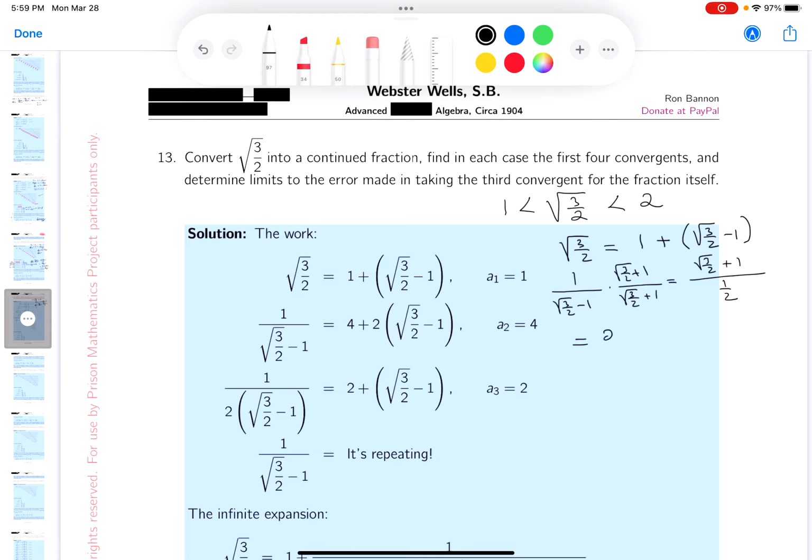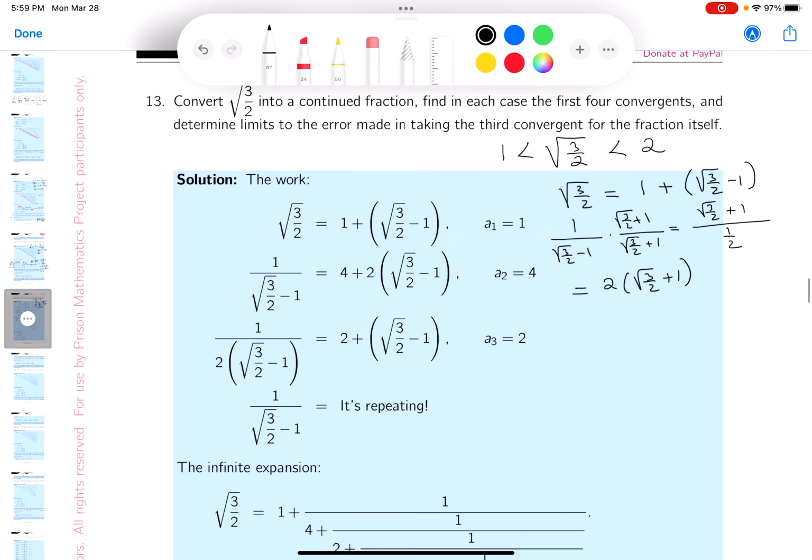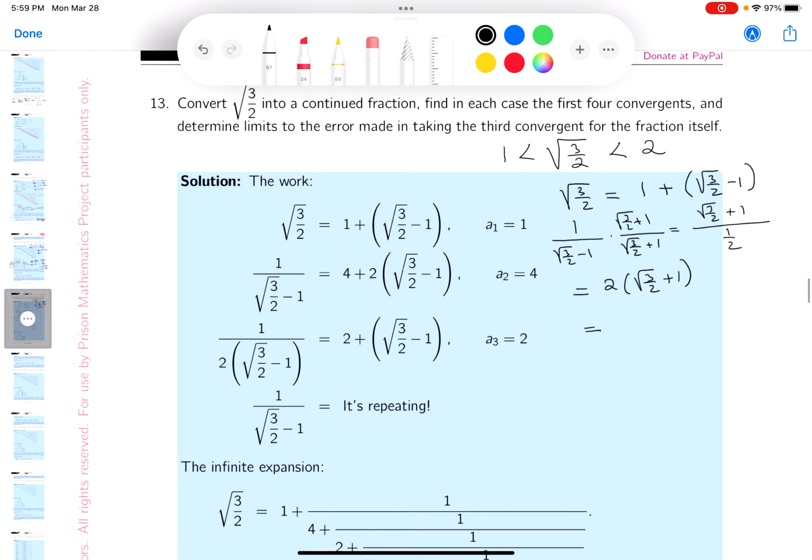So it's really 2 times root 3 over 2 plus 1. And I got to figure it out now. And that looks like it might be some work. And let me write this down as 2 root 3 over 2 plus 2.